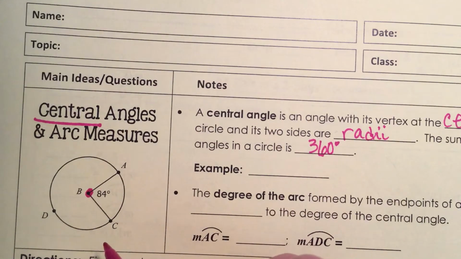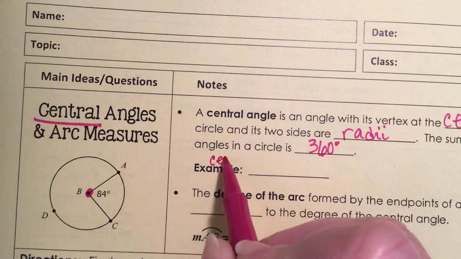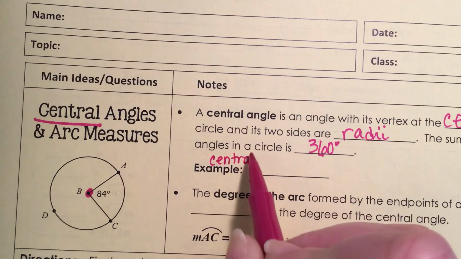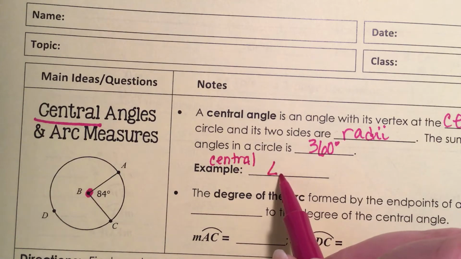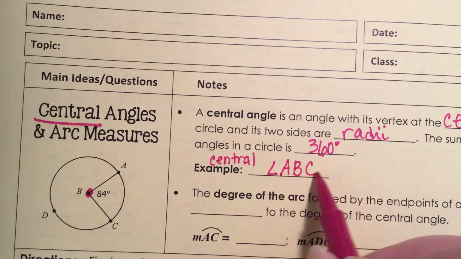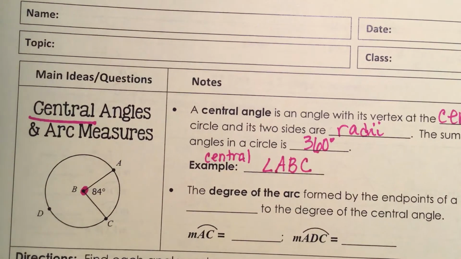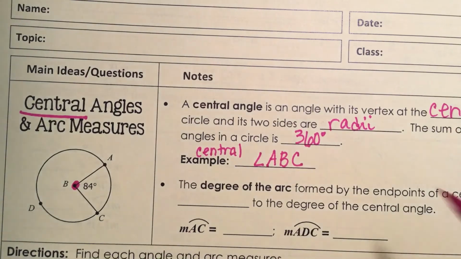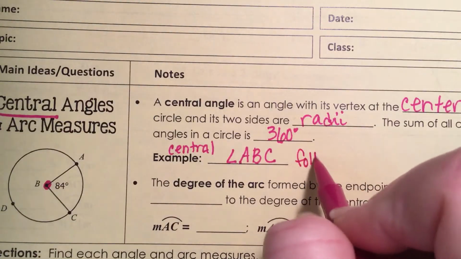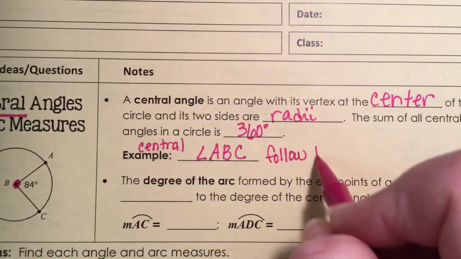If I wanted to give an example of a central angle, a central angle is going to be angle ABC. Just like we've done before with all of our angles, be sure that you follow your letters in order.